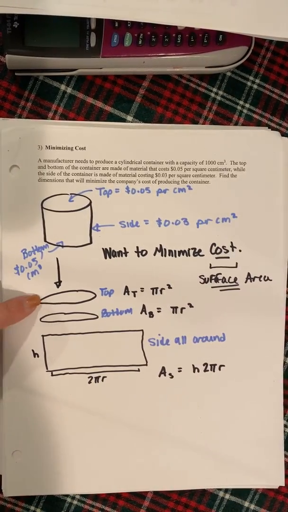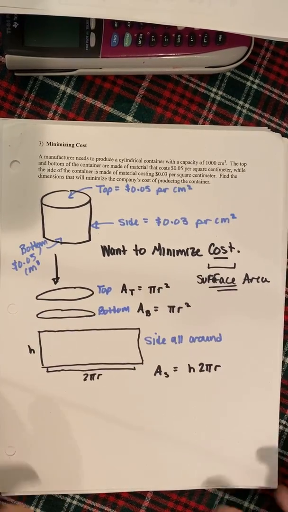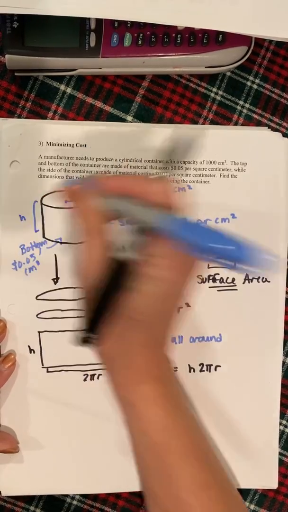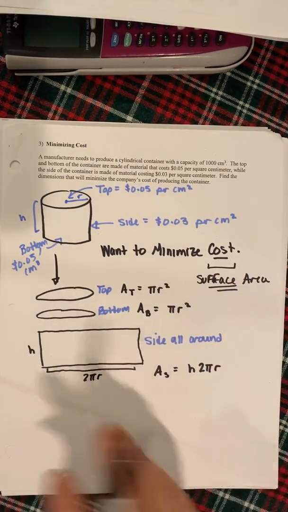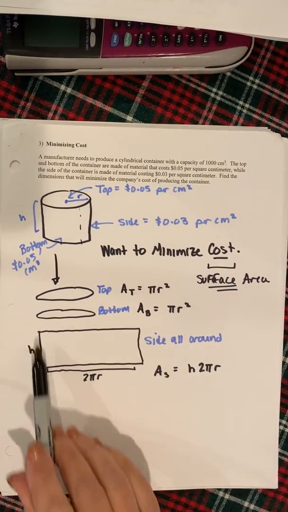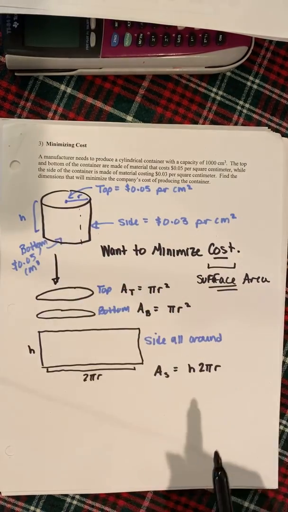So the surface area of the top is pi r squared. The surface area of the bottom is also pi r squared, assuming that we have a can of radius r and height h. If we cut the can, make a slit in the can, and open it up, it gives us a rectangle of height h and length 2 pi r, which would be the circumference of the top and the bottom.